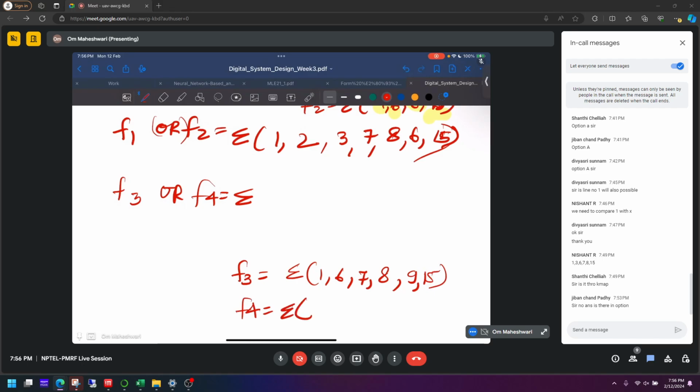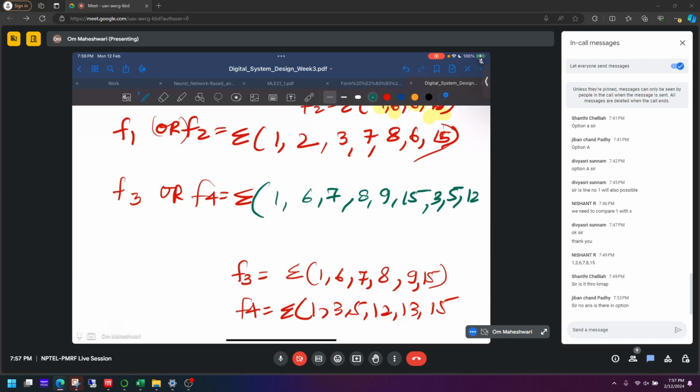F4 is 1 3 5 12 13 15. So F3 or F4 will be 1 6 7 8 9 15 and whatever else is not there: 3 5 12 13, all these.